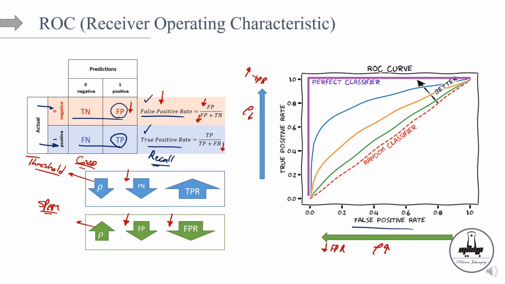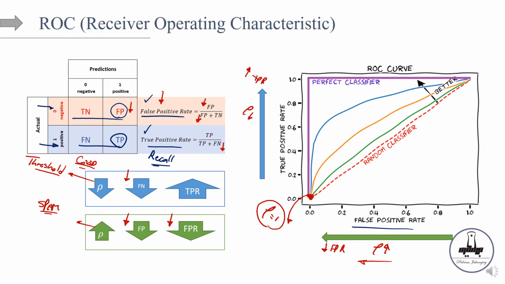If the threshold is 0.2, and so on. So let me show you the extreme cases, and then you can think of any numbers in between. This one is when the threshold is exactly equal to 1, because as we go from right to left, the threshold is increasing, and as we go from up to down, the threshold is also increasing. So here is the maximum threshold, right?